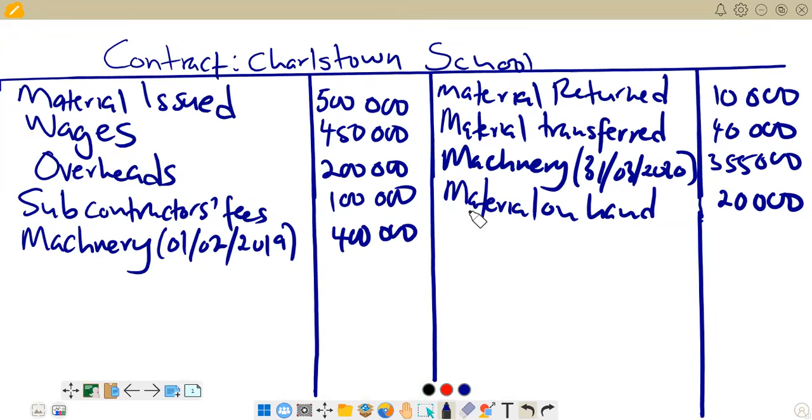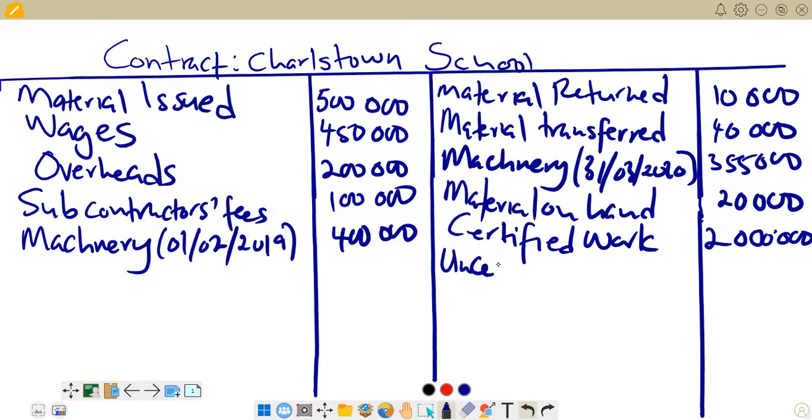We have certified work, our certified work is 2 million, and then we've got uncertified work, which is 900,000.